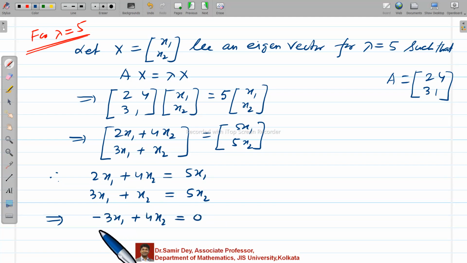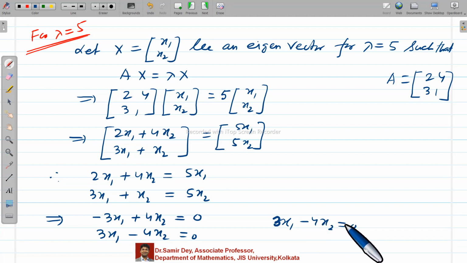And from here it is coming 3x1 plus (1 minus 5) x2, that is minus 4x2, is equal to 0. Now you can see, if you take the minus sign from here, both equations are the same. If I take common from both lines, we are getting one equation, that is 3x1 minus 4x2 is equal to 0.